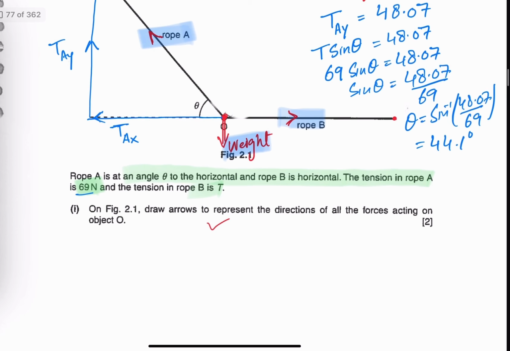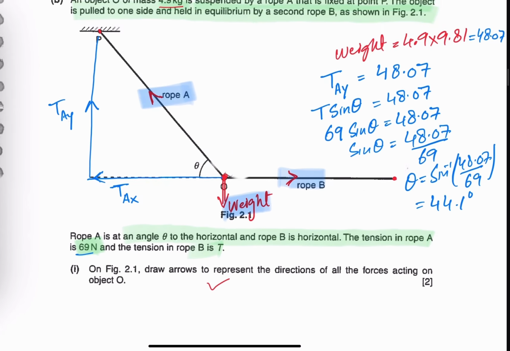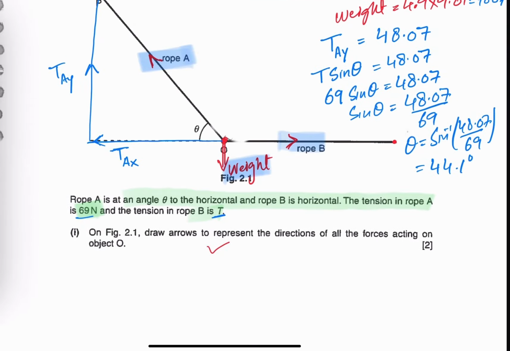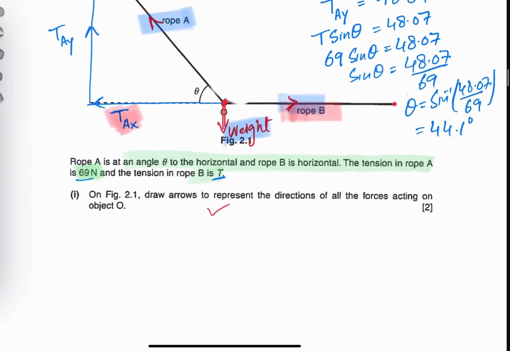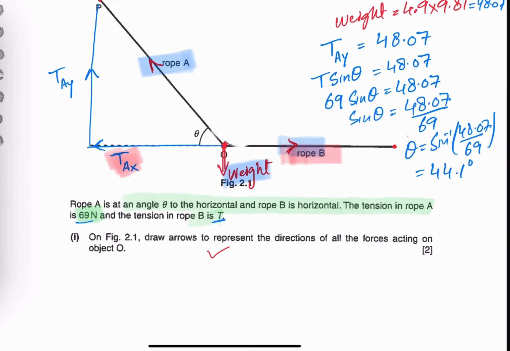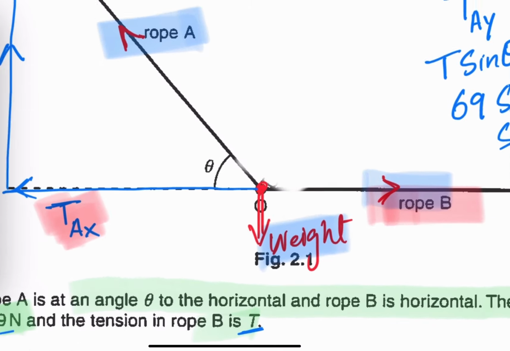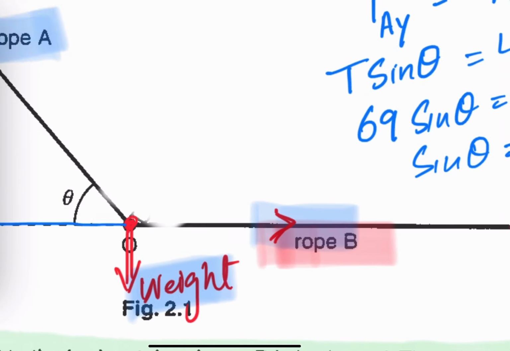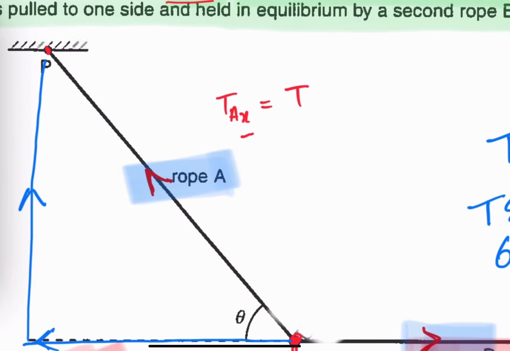Now you have to find the tension T, which is the tension in rope B. For the equilibrium, the X component of tension A must equal tension B. TAX must equal T; there is no x or y component, it is totally horizontal, so it's simply T. So TAX equals TA cos theta.